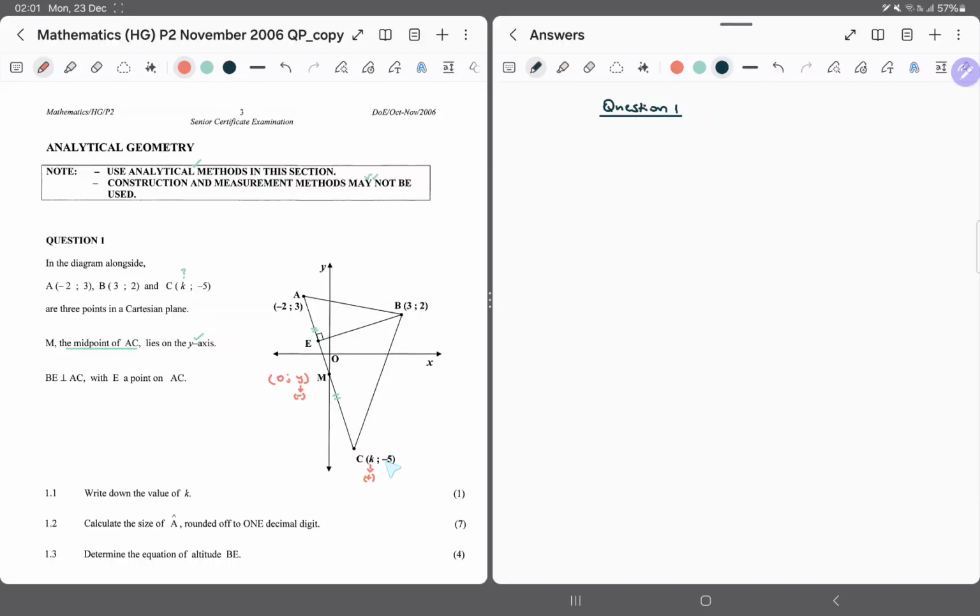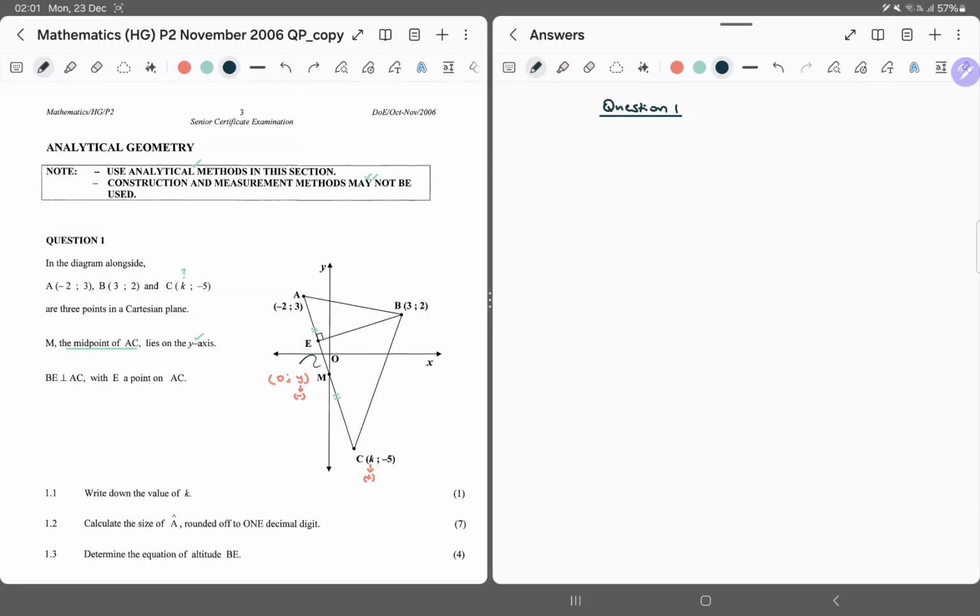So we simply say y at C plus y at A, that would be -5 plus 3, which is -2. We divide that by 2, then we get -1. So we know that y is -1. This is good.